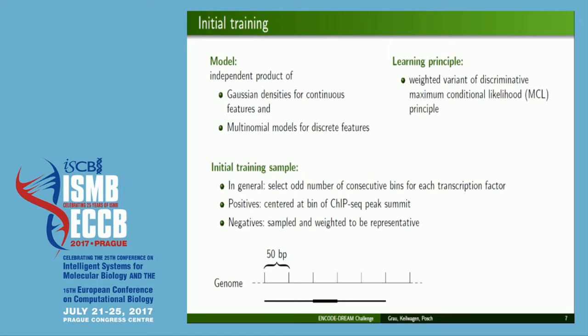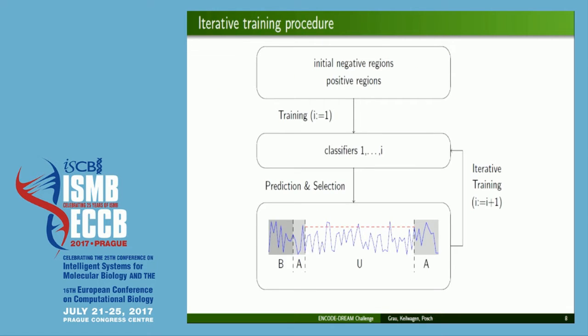And we did an initial training using that sampled negative set, and it didn't work too well, actually. And we were not really satisfied with the performance. And so we came up with an idea that we call iterative training, where we first used that initial negative regions and the positive regions that are known to be bound by the factor, and we learn a classifier from that.